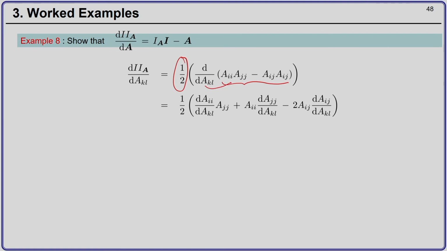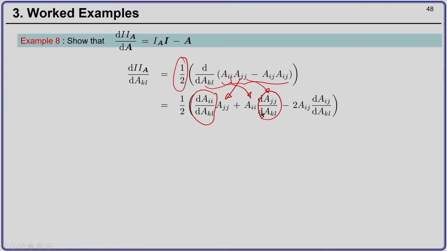So, you can take the derivative inside and use the chain rule. You have ∂A_ii/∂A_kl into A_jj plus A_ii into ∂A_jj/∂A_kl.